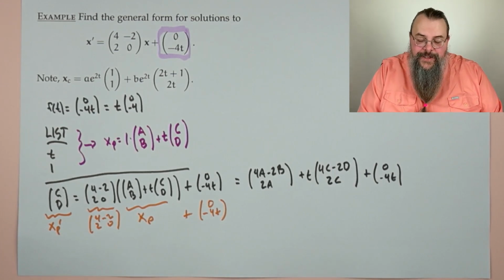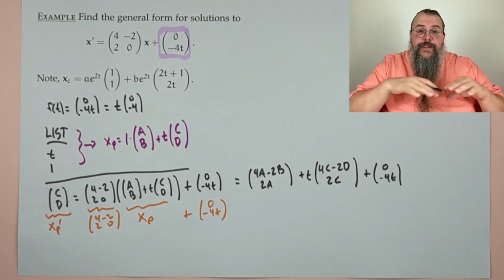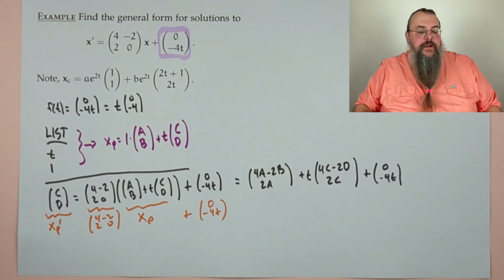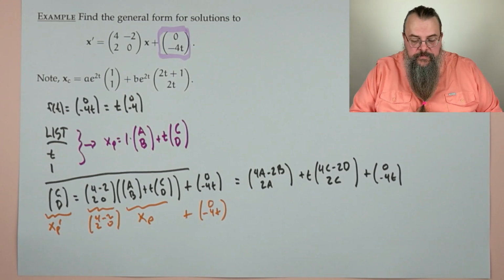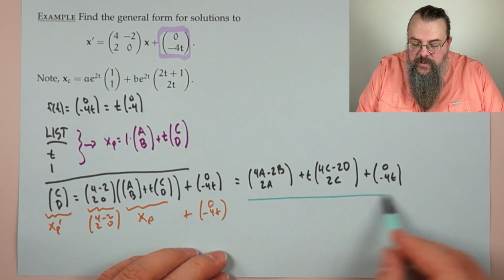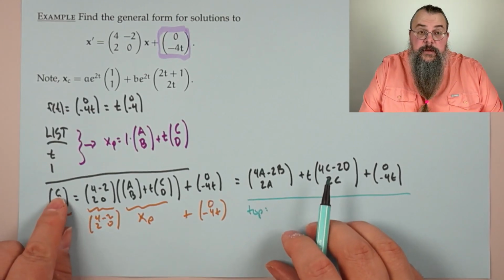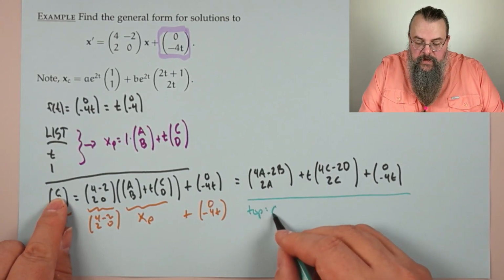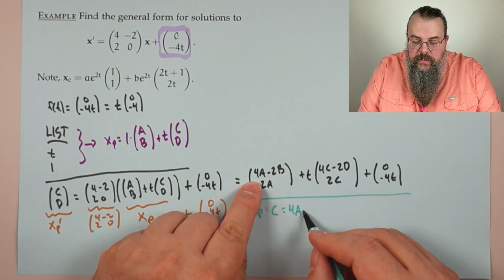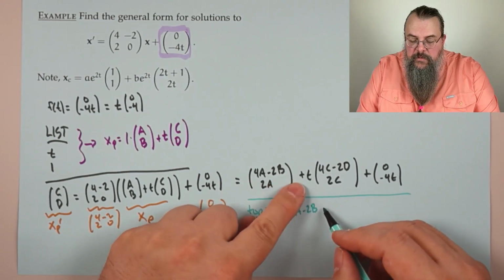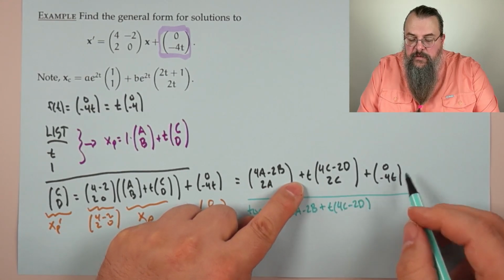All right. Now, at this stage, we're going to break things into top and bottom. So we will have the following. Reading along the top, we have that c is equal to 4a minus 2b plus t times (4c minus 2d) plus 0.